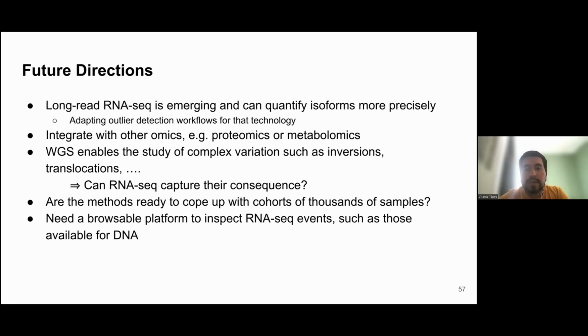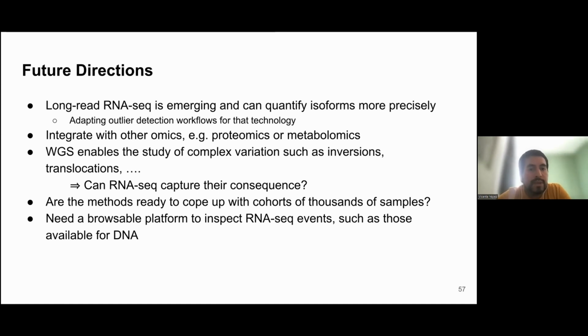Future directions, so where can this technology lead us, or what are the immediate, short-term and medium-term directions to take? All of this presentation has been based on what is now called short-read RNA-seq. But long-read RNA-seq is emerging, and it has the potential to quantify isoforms more precisely. So here the question is how cost-effective it is, or will be in the near future.